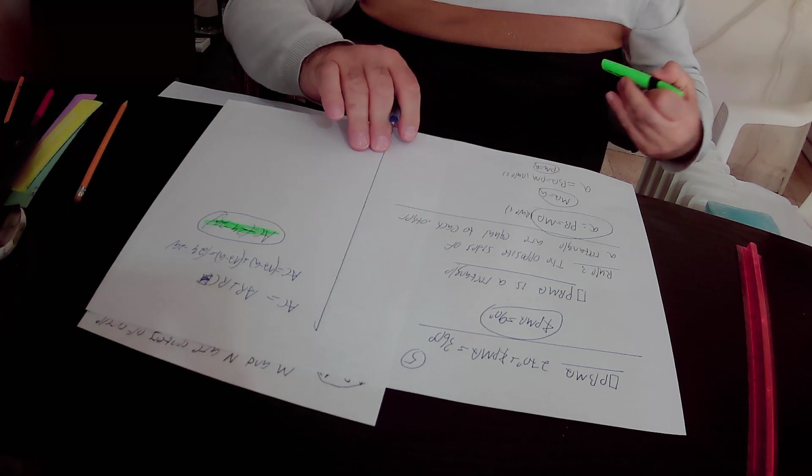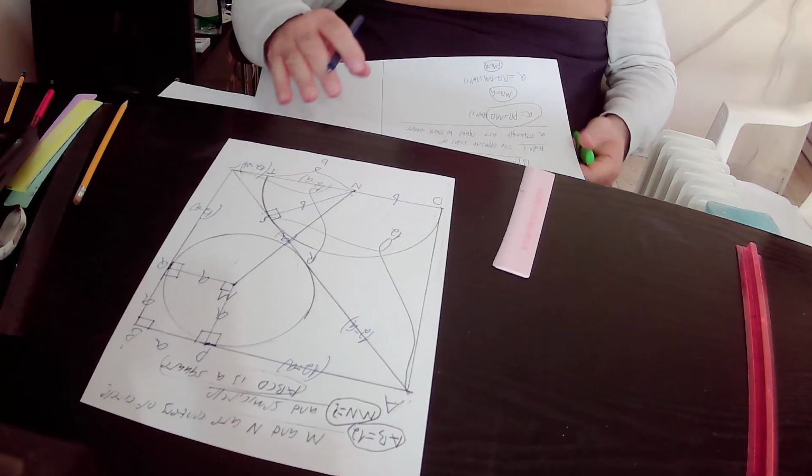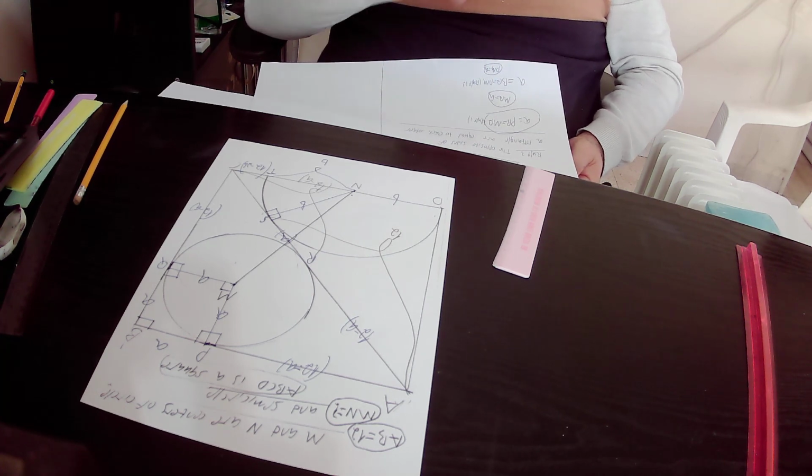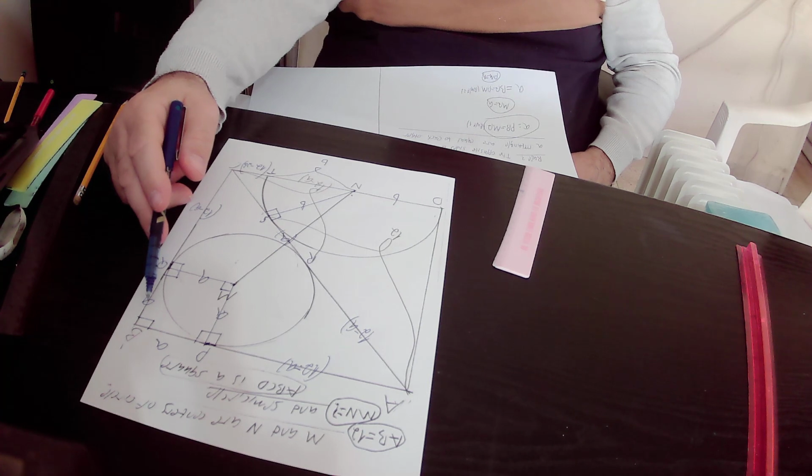We will focus on the right triangle ABC. Triangle ABC is a right triangle because angle ABC equals 90 degrees.